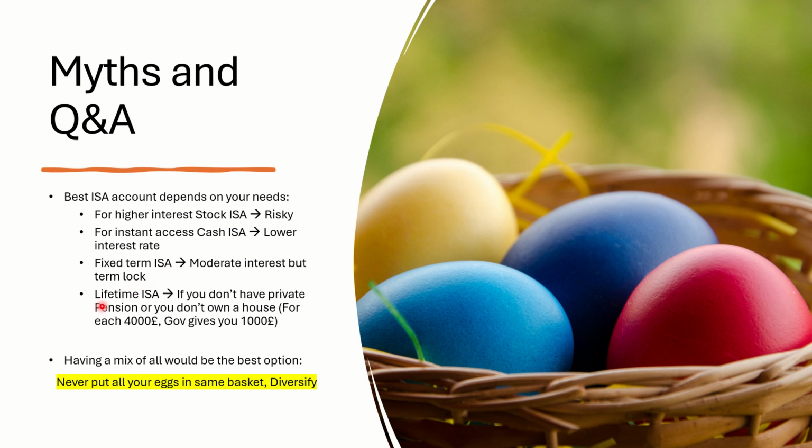And then, as I said, if you don't own a house or you don't have your own private pension, then go for a lifetime ISA, because for each 4,000 per year which you deposit, the government will give you 1,000 back. So just putting in 4,000, the government will pay you 1,000.